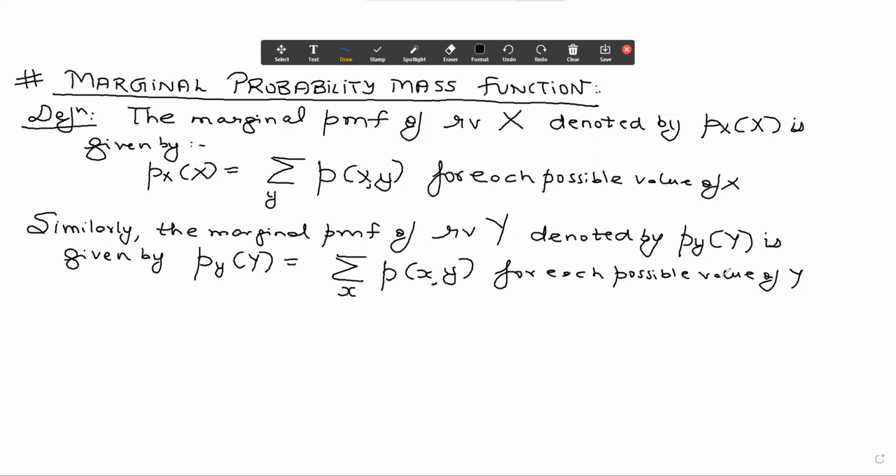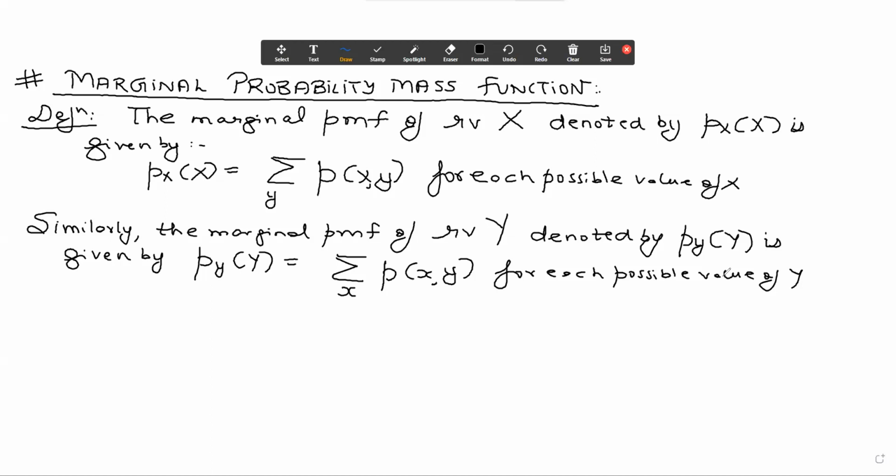To find the marginal probability mass function of X, you fix one value of X, and for that value of X, you add the probabilities corresponding to all the Y values. And to find the marginal probability mass function of random variable Y, you fix a Y value, and corresponding to it, you add the probabilities relating to all the X values.